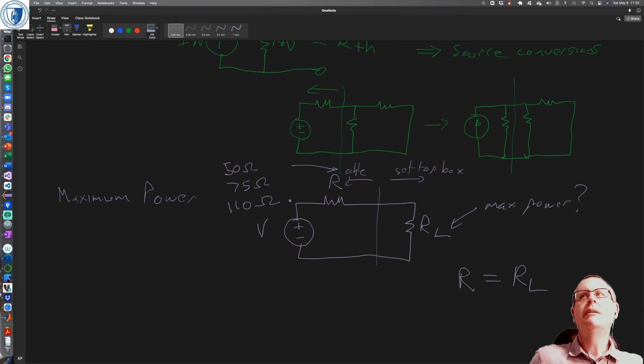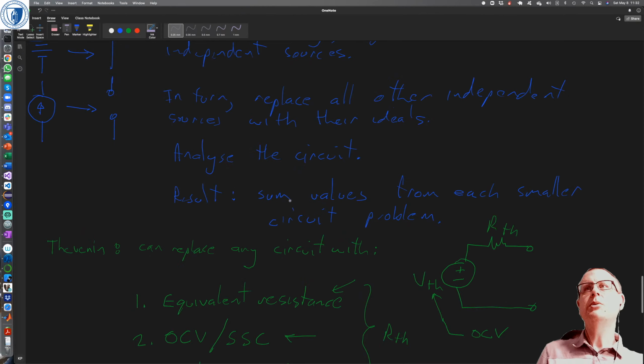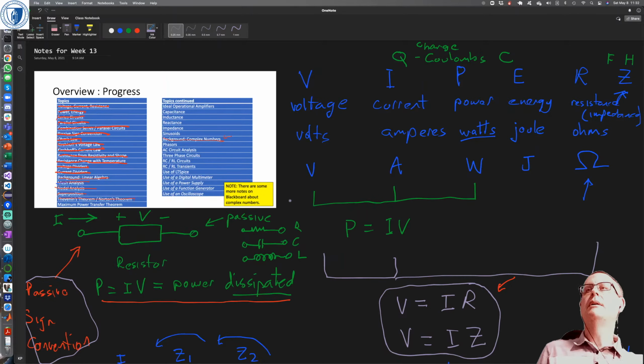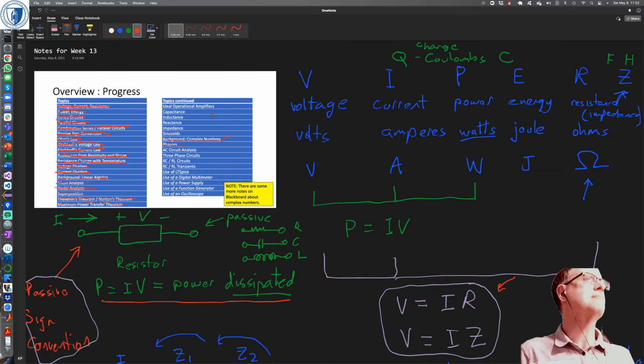Okay, so I've gone through the bulk of these things. I haven't talked about impedance much yet. I'm going to talk about impedance and transients next.